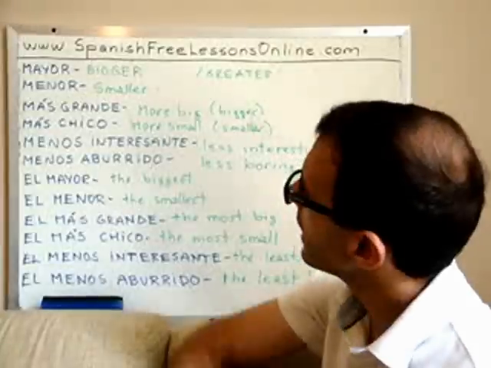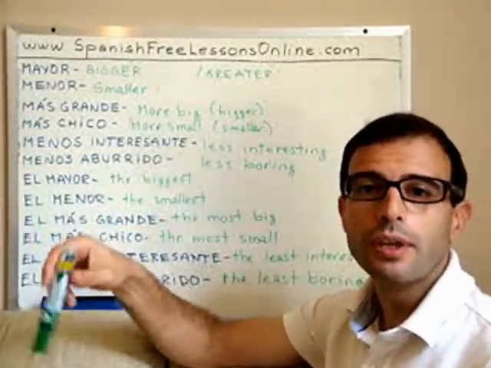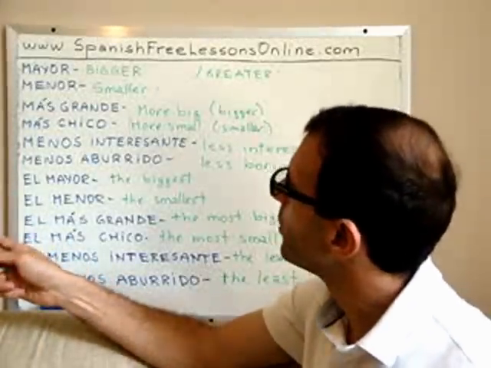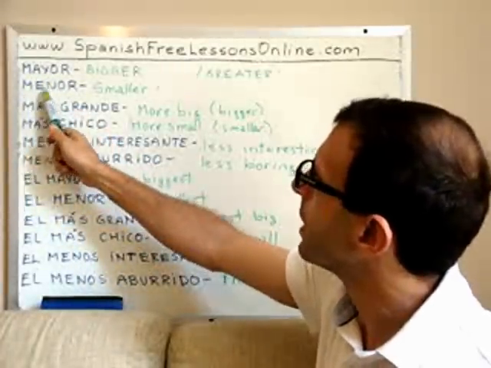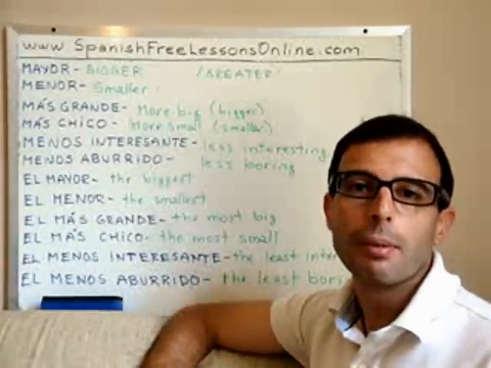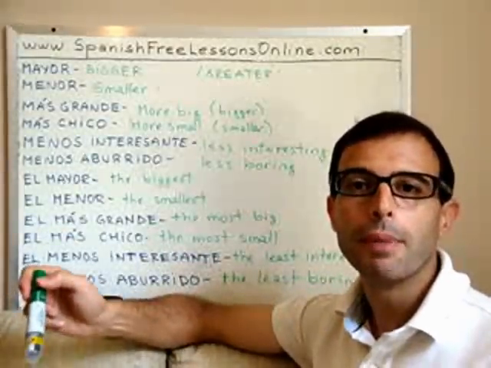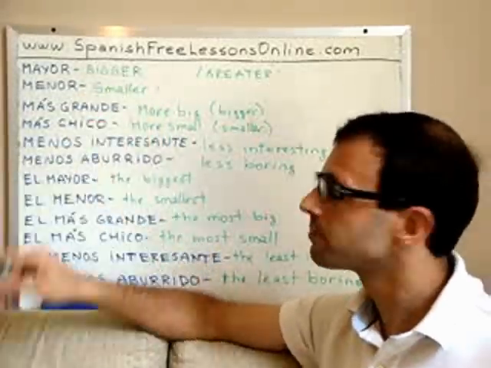Okay. Now, in blue I have written the words in Spanish, in green the translation in English. So the first word would be mayor and menor. Mayor means bigger, right? Menor means smaller, as you can see here.